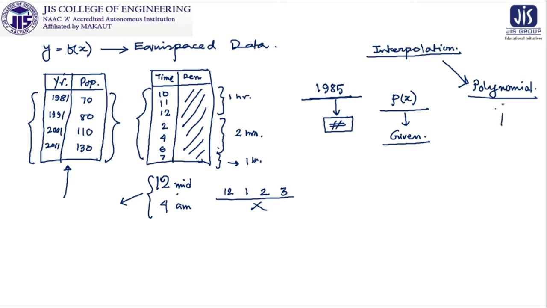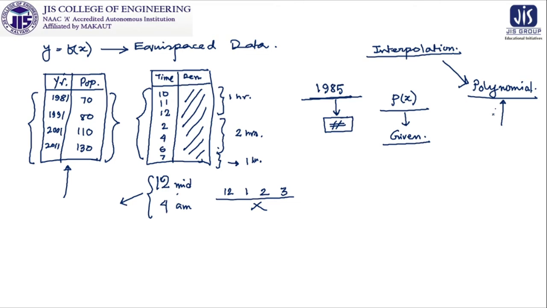That means in this polynomial, if you put 1981 as your input, then you obviously get 70 crores as the output. Similarly, if you put 1991, you will get 80 crores as the output, and so on.